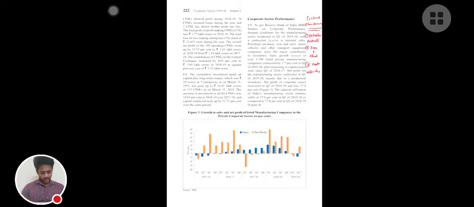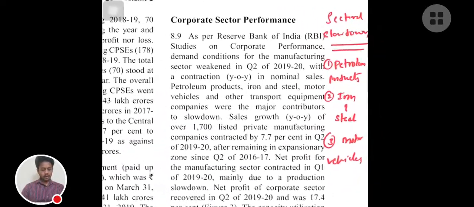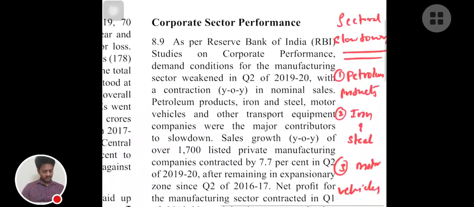So if you see here, corporate sectoral performance. The survey has given many important pieces of information which are obviously not important for this year's prelims examination. Under the corporate sector performance, despite having many corporates, there are some companies which became critical contributors to the slowdown of corporate sector performance. I have noted them here.